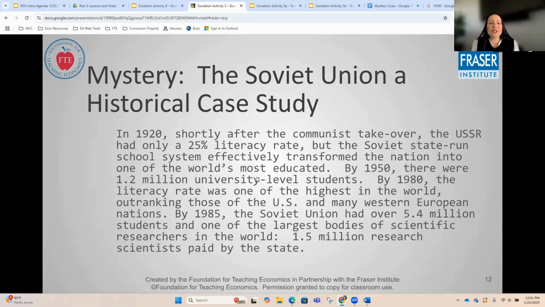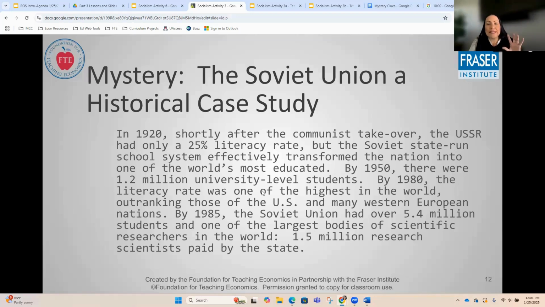And you put the students into groups or into teams, and you have them solve a mystery. And this mystery uses the historical case study of the Soviet Union. And you set up the Soviet Union and tell them about where they were, how scientifically advanced they were. They had one of the most educated populations in the world.